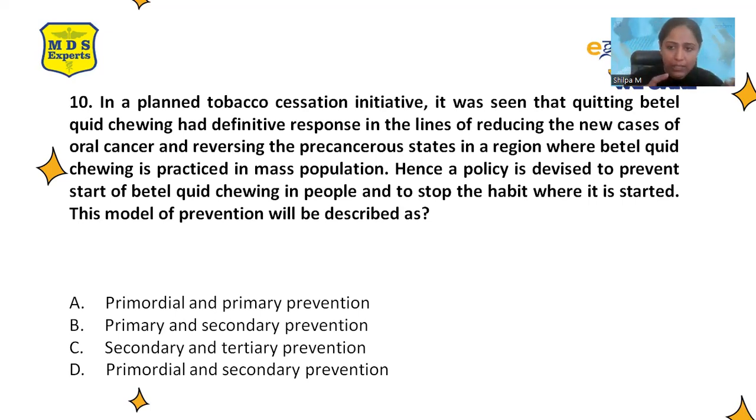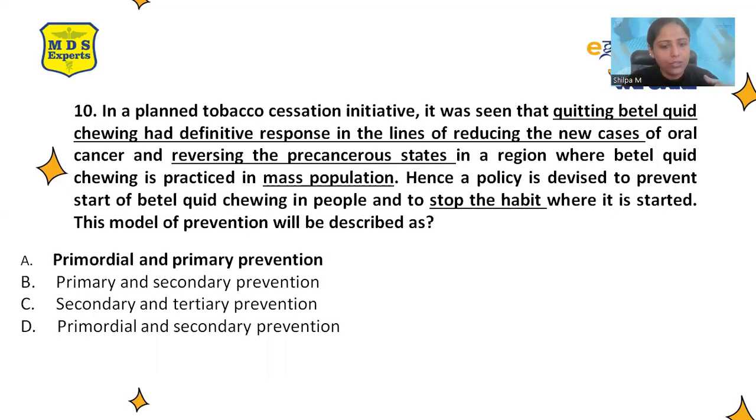So then they have a policy device to prevent the betel quid chewing. So stopping the habit. So you can see it's in a mass population, a mass strategy, prevention of development of the risk factors or removal of the toxin or stopping the habit. So this is all in lines of a primordial and primary prevention.